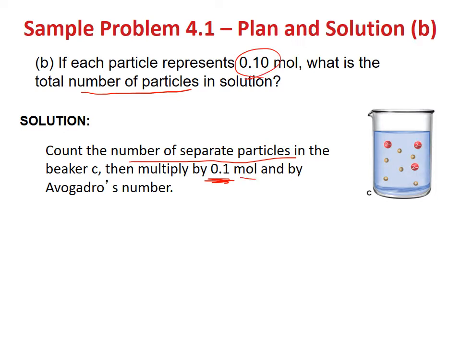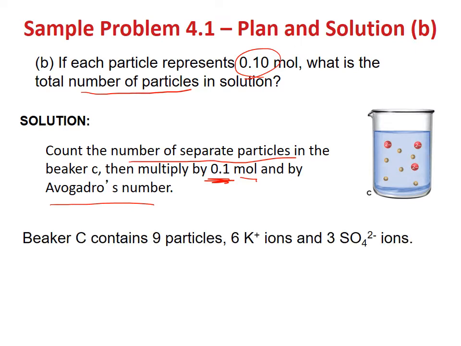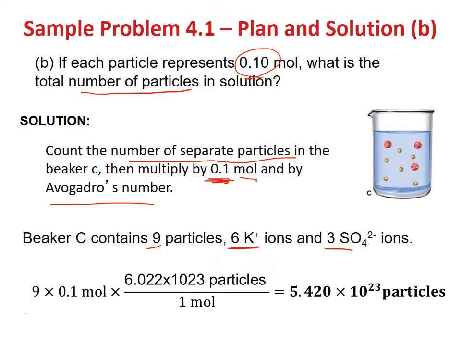So we get the number of moles, and then we multiply by Avogadro's number, and that gives you how many ions are in the solution. If you count, you will see we have 6 cations, 6 potassium, and 3 anions. So the total is 9 particles, 9 ions in the solution. 9 times 0.1 gives you the number of moles, and then times Avogadro's number gives you the particles.